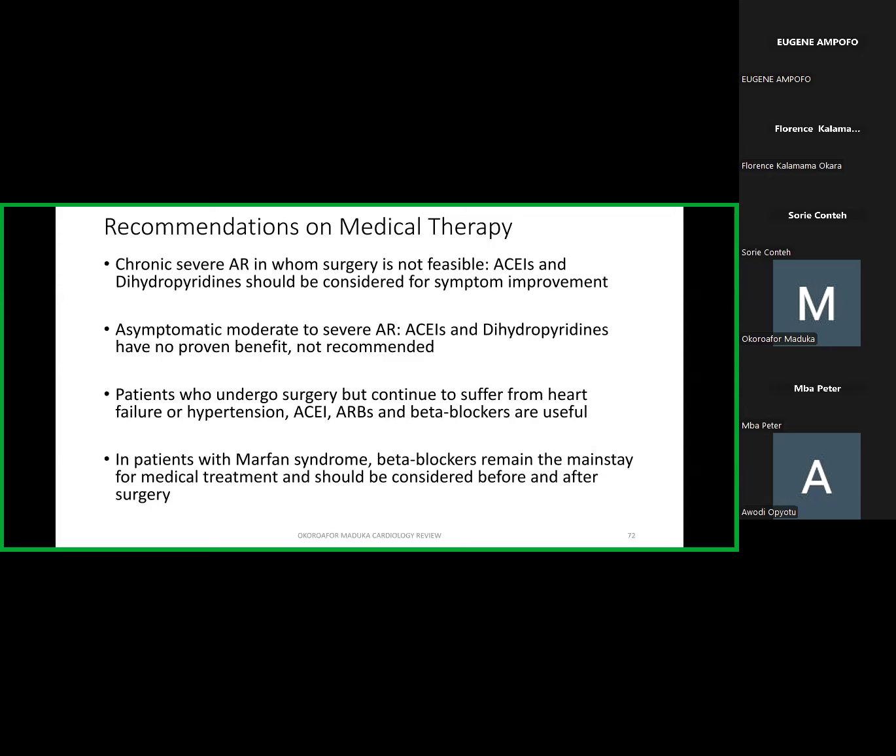Asymptomatic, moderate to severe patients have no proven recommendation. In patients with Marfan syndrome, beta blockers remain the mainstay of medical management.